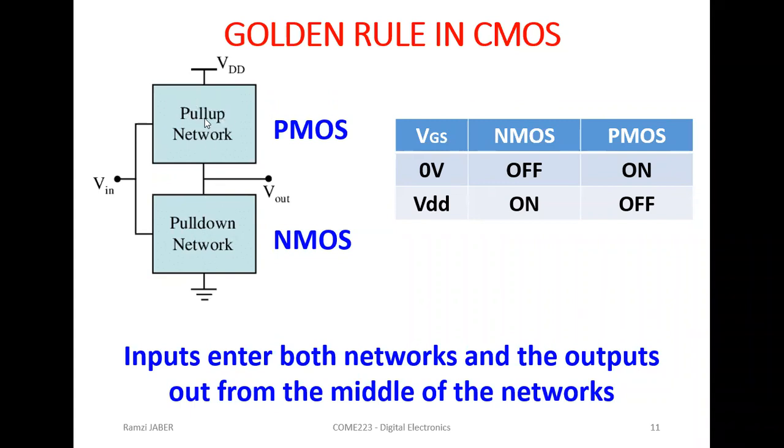Sub-circuit 1 is called the pull up network, connected directly to VDD, and contains PMOS. And we have the pull down network, which is connected to the ground and contains only NMOSFET. So we will not put PMOS to the ground and we will not put NMOS to the VDD.